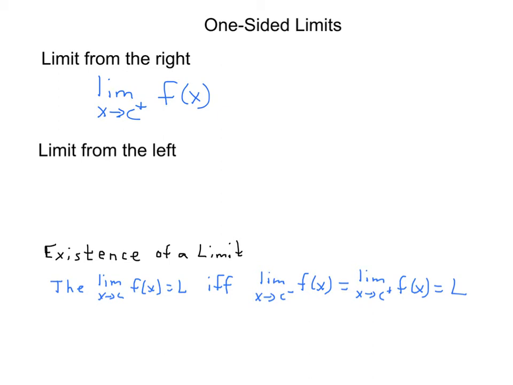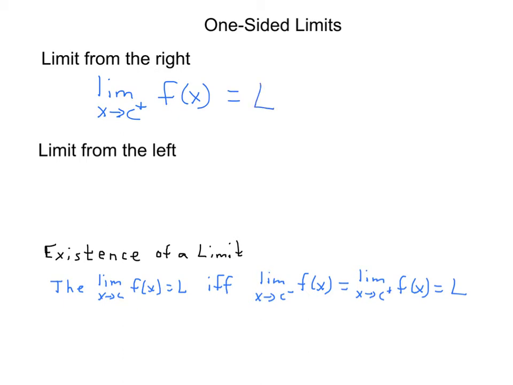So I'm looking at numbers that start out bigger than c and I'm moving towards c. As I do that, I'm asking myself, does this approach one particular number? If so, then I would say that limit was equal to whatever that number was. We'll say L.